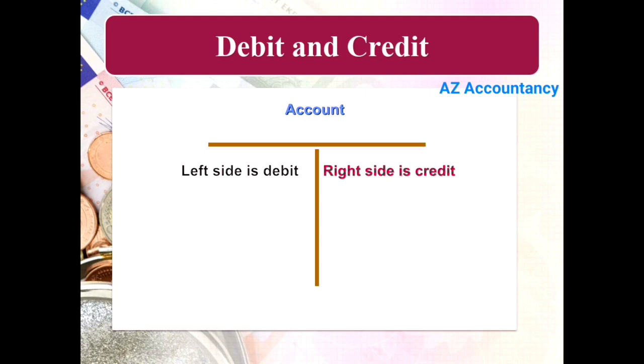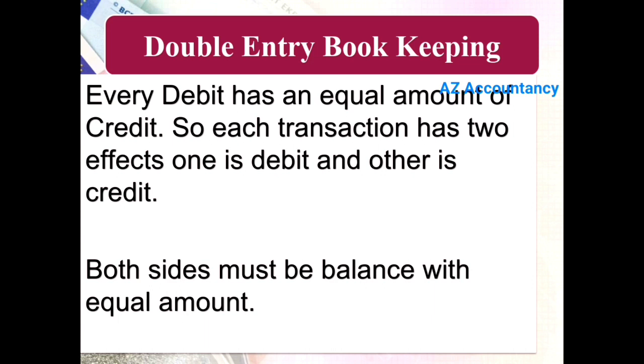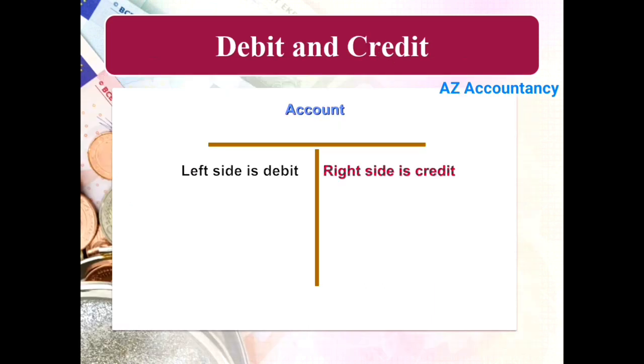So an individual summarized record of an item is account. Any account has two sides. The left side of any account is debit and right side of an account is credit. So double entry accounting principle says every debit has an equal amount of credit. So both the sides must be equalizing with equal amount.